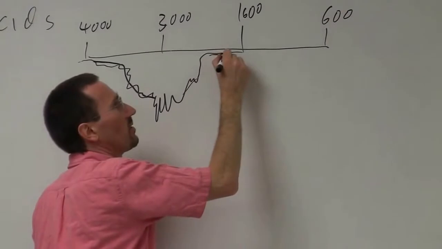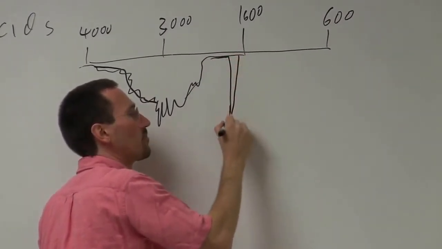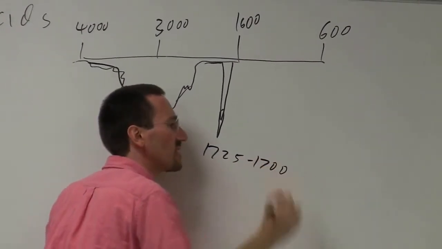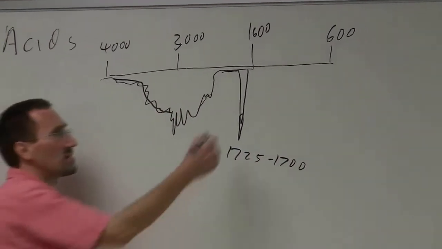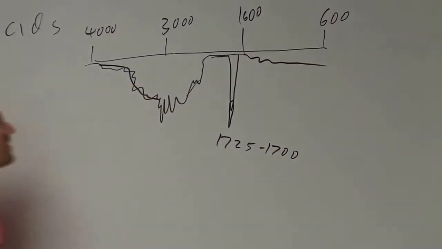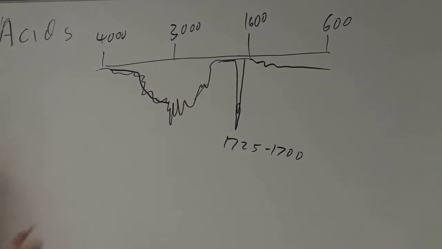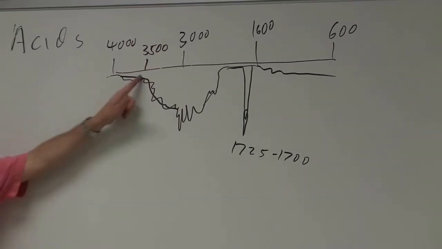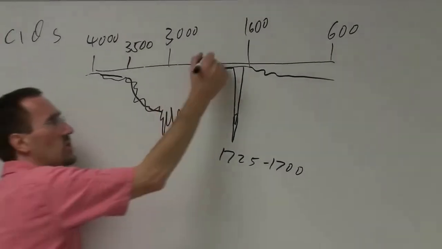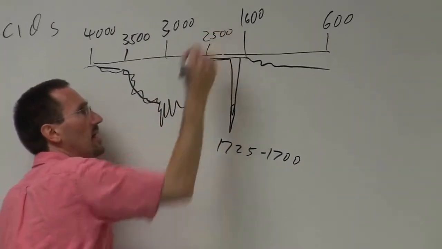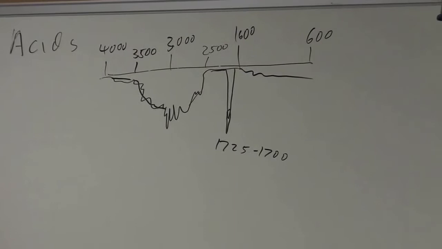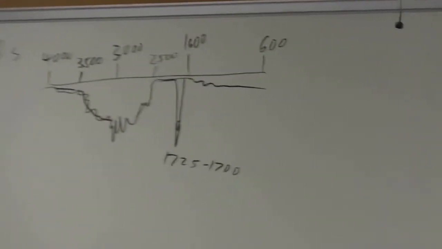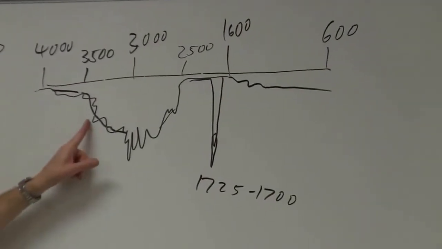And then you're going to see your carbonyl standing out, probably a little stronger for this example. Let's say it's 1725 to 1700, unless it's conjugated, in which case it'll be lower. And then some stuff in the fingerprint region. Generally, my eye catches a shift in the baseline at about 3,500, and it catches it coming down at about 2,500. If you've got a big molecule, it's going to be a lot smaller band. This is one of the reasons I'm not a huge fan of KBr pellets.